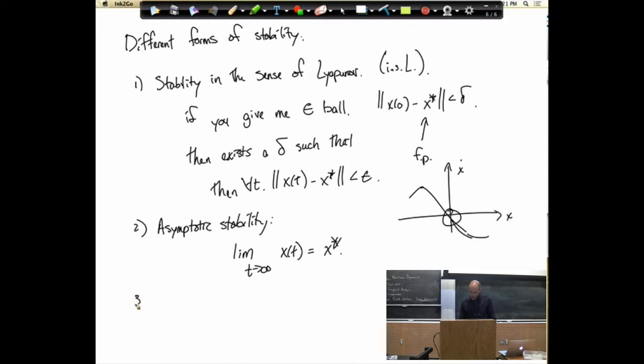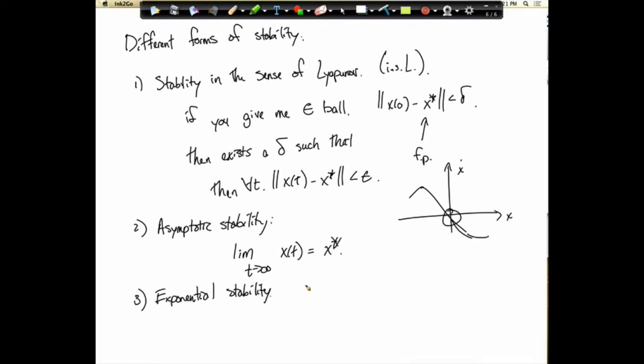And then the third one we'll use right away here is exponential stability, which actually says that I'm going to go towards the origin at some rate that's bounded by an exponential.